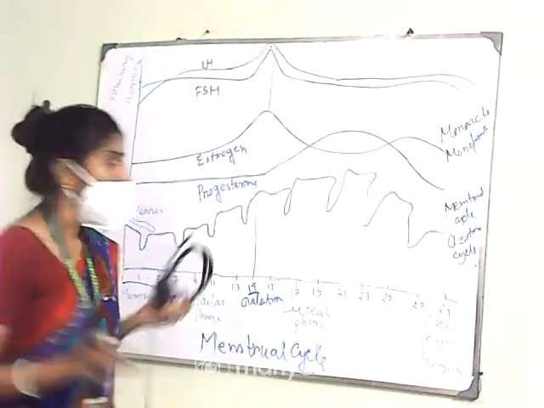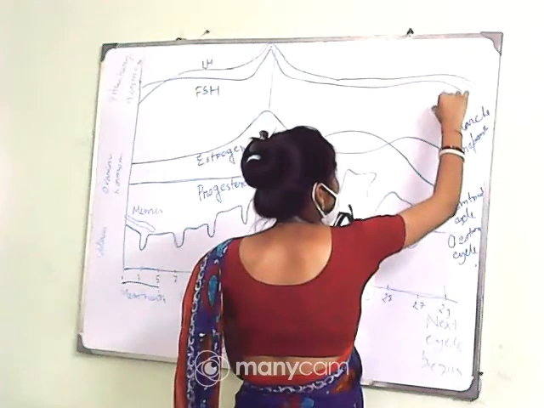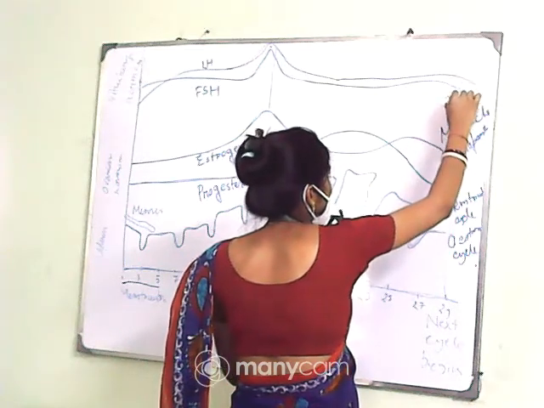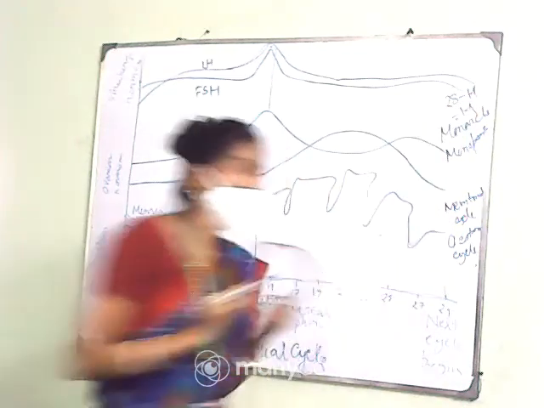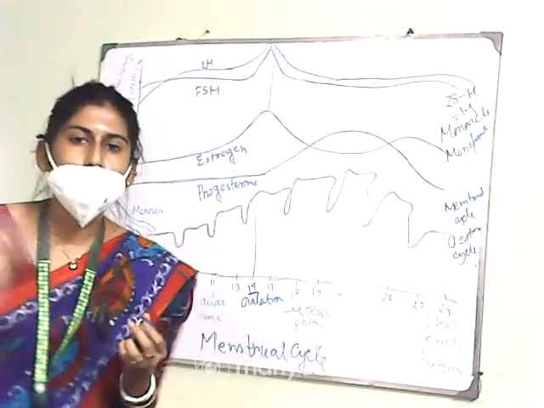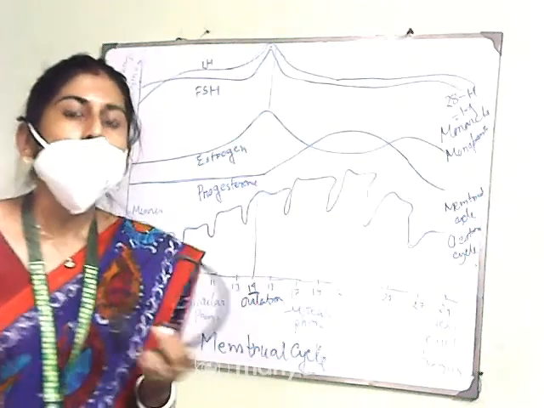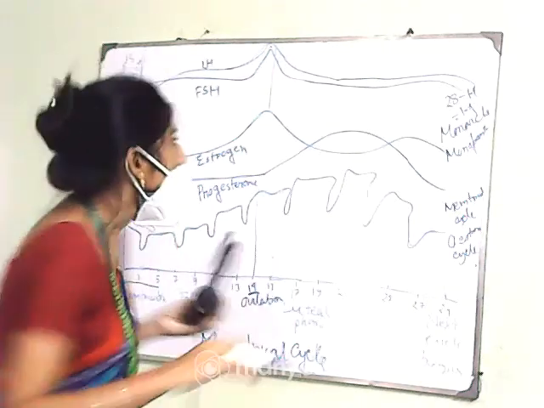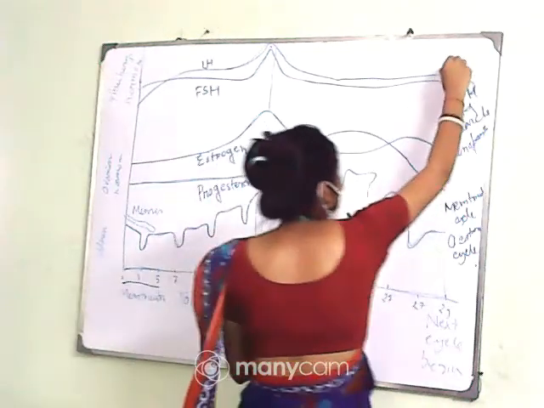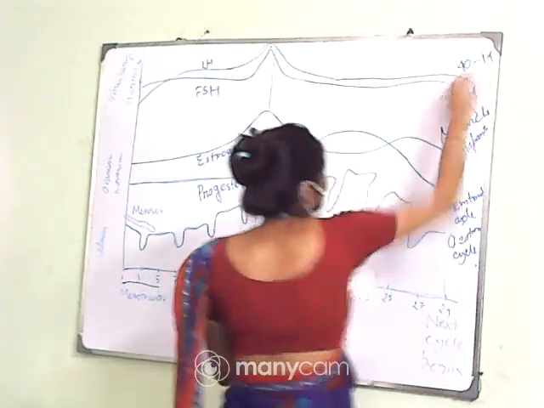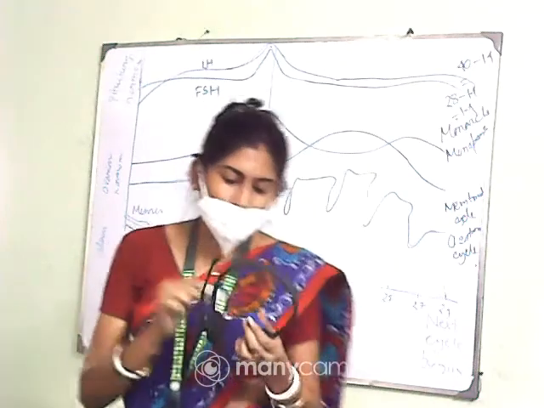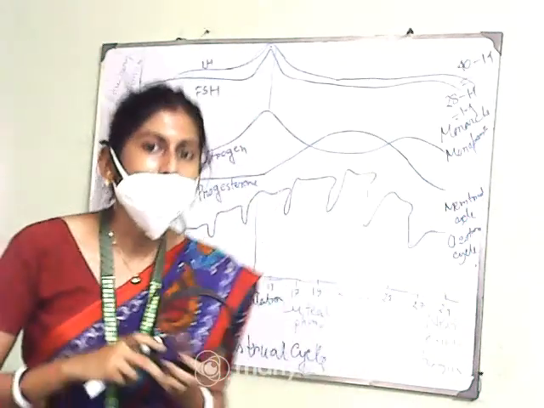If our cycle is a 28 day cycle, then we measure like this: 28 minus 14, so 14. From this calculation we can say that our ovulatory phase will take place on the 14th day of the cycle. Now if any animal has a 40 day cycle, then its ovulation day will be 40 minus 14. So the ovulatory phase can be calculated like this.